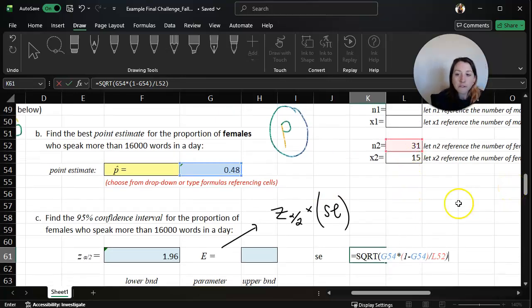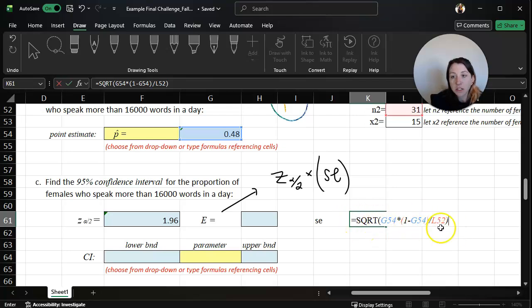If you prefer to break this apart much more to get your standard error from several steps in Excel, please do that. If you remember before, we really broke apart some math to make sure that we could condense it and get that correct exact answer. But again, this is the square root of p hat times 1 minus p hat, and these need to be in parentheses here to tell it that you're subtracting that first.